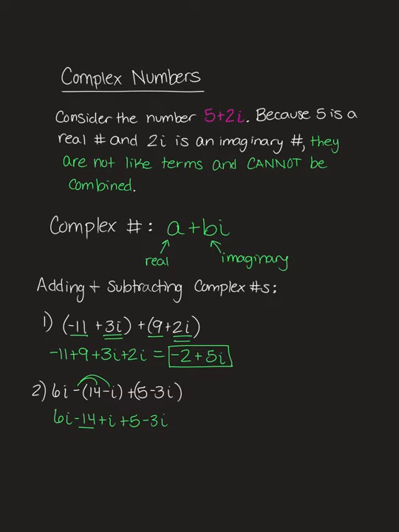So my like terms are going to be the negative 14 plus 5, and then 6i plus i minus 3i. So negative 14 plus 5 is negative 9. 6i plus i minus 3i is 4i. And that's your final answer.